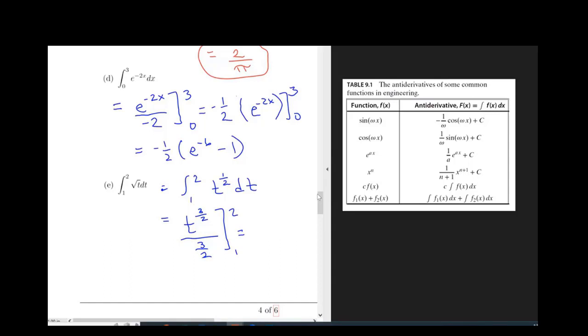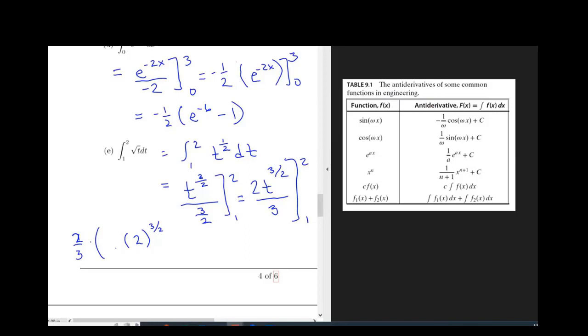Keep, change, flip, however you want to talk about it. This is the same as 2t to the 3/2 divided by 3 between 1 and 2.